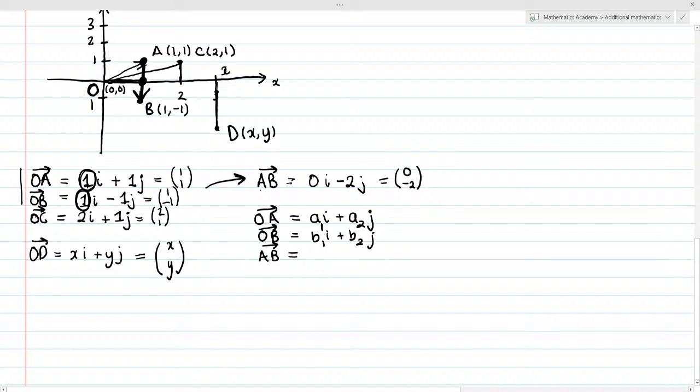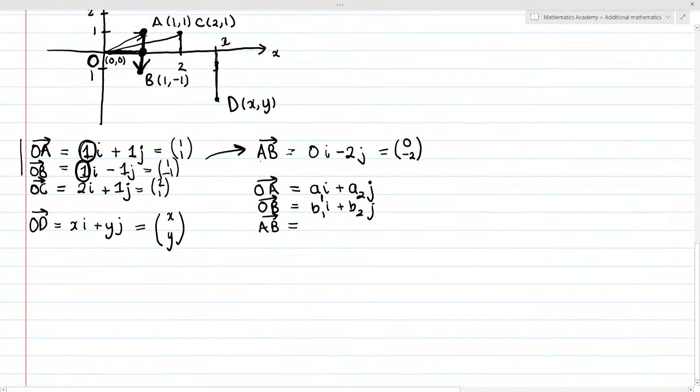Well, the fact that they're both the same number of units to the right from O tells us that they will be in the same position on the horizontal axis. And that is the case in what we see here. Both A and B are in the same position on the horizontal axis.